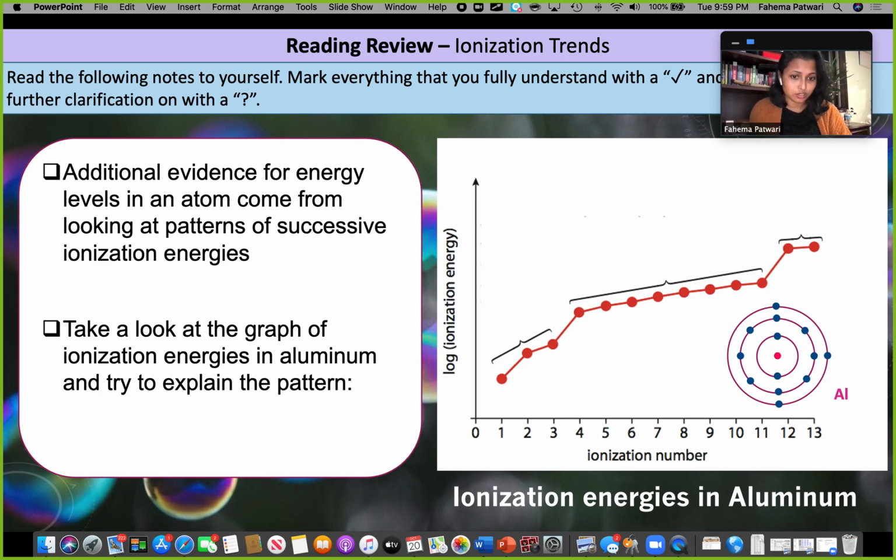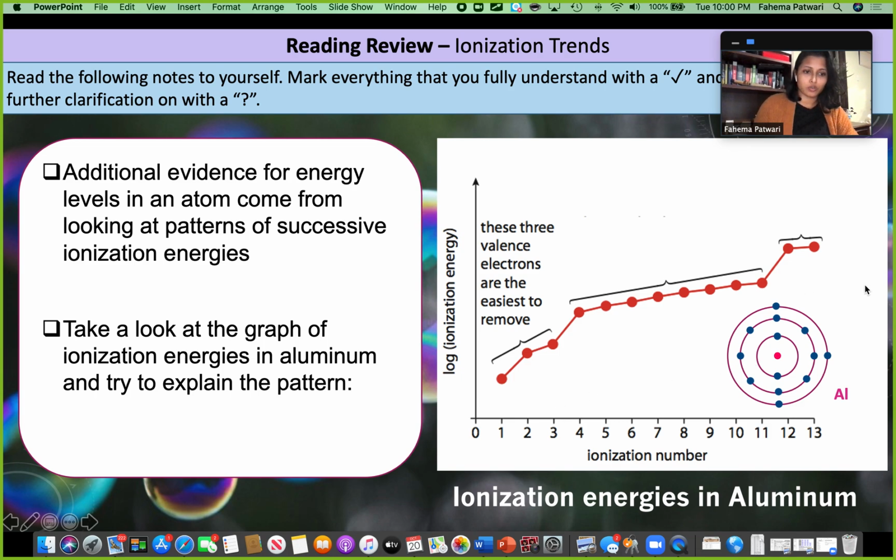Right? We see first that there's an increase. Overall, there's an increase. As you go from the first ionization to second to third, there's an increase. But the first three are valence electrons that are the easiest to remove. These are the three that require the least energy to remove since they're on the outer shell.